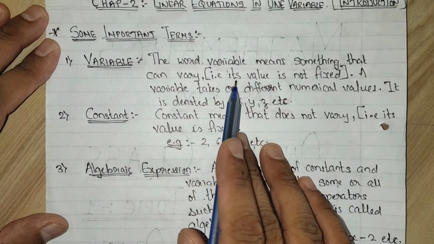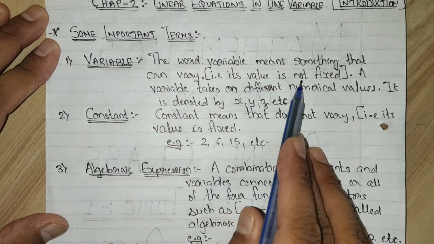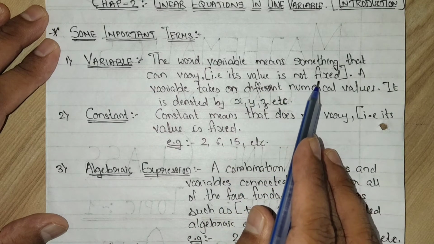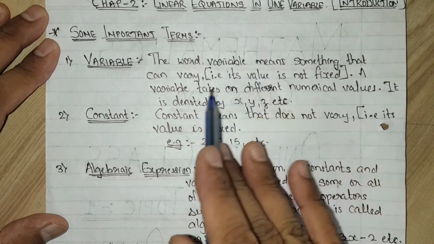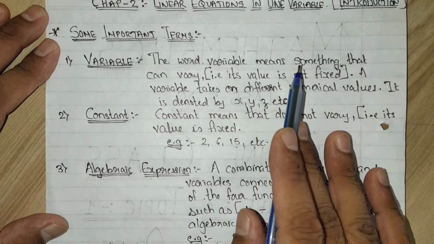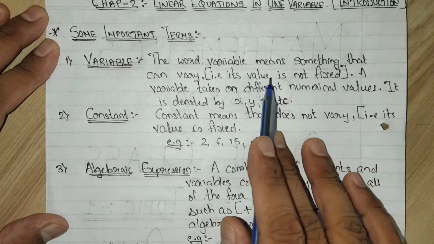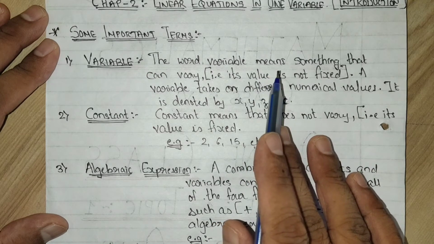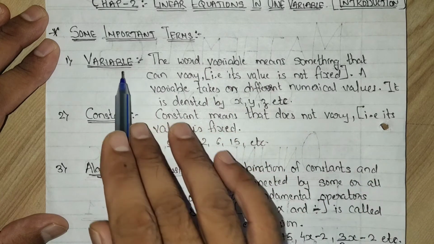That is, I mean to say, its value is not fixed. Variable is the word that keeps on varying. Its value is not fixed. It is not just 2, not just 3. You can give any value, and that particular value which is not fixed, it is known as variable.